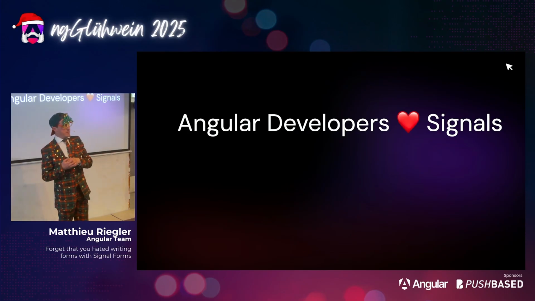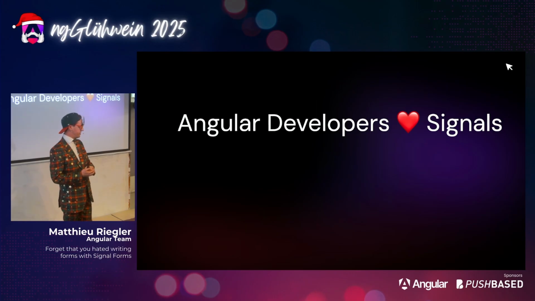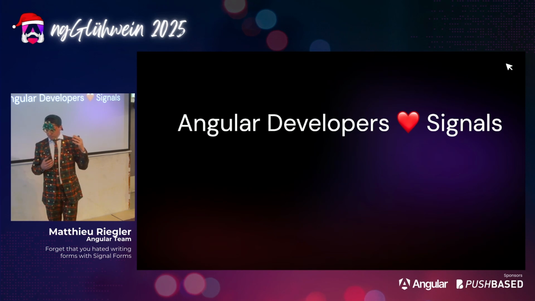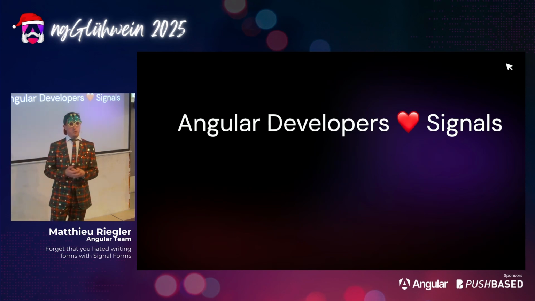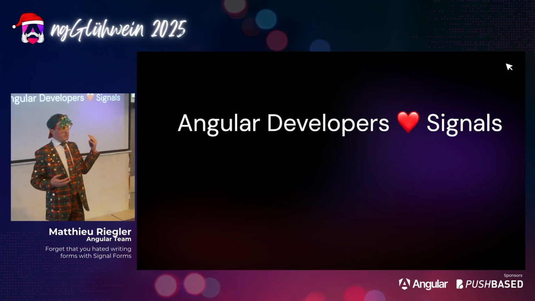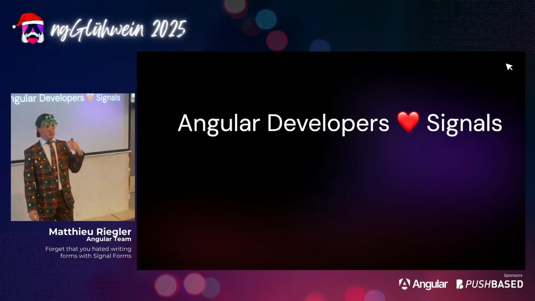So, talking about Signal Forms and signals in particular. We noticed that our developers love using our new reactivity system: the signals, the computed, the linked signals, etc. It's great because it gives you an easy-to-use API to write your applications. You don't have to call APIs like markForCheck or things like this to trigger change detection.